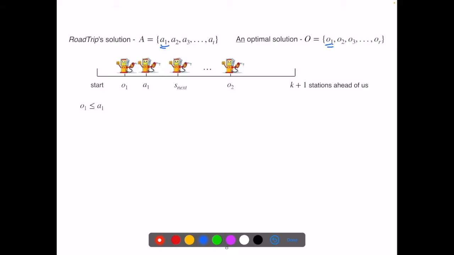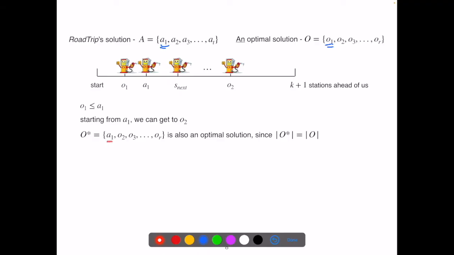Since we can fill up at O1 and get to O2, because this is a valid solution O, we can also stop and fill up at A1 and get to O2. Now we write another solution, O star, where we replace O1 of solution O with A1.